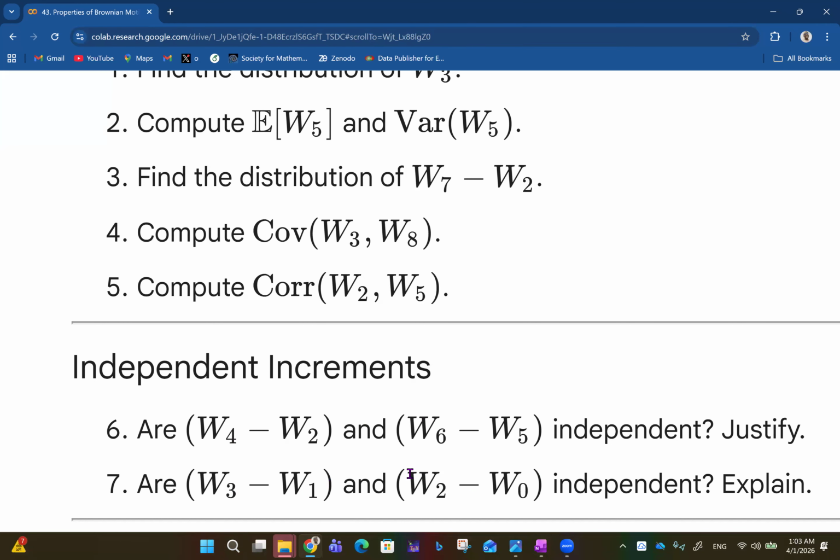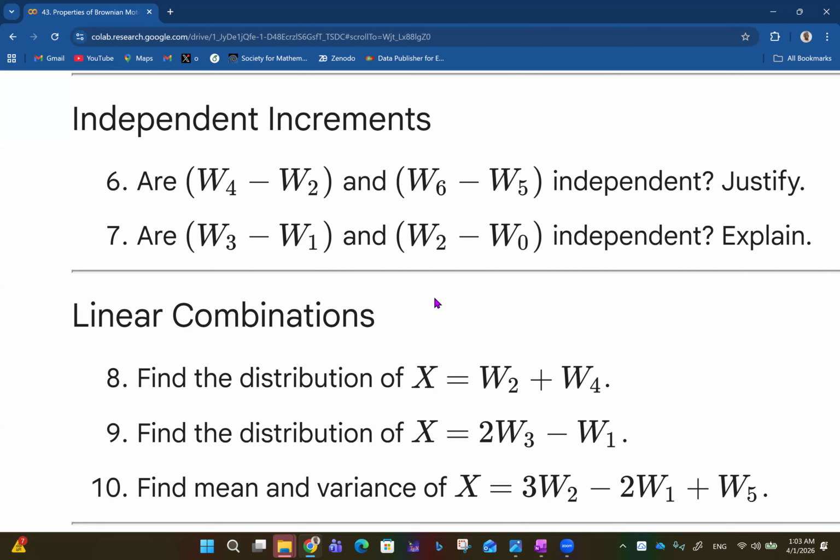Then we have linear combinations. Find the distribution of X equals W2 plus W4. So we use the kind of process we saw the other time, and we can do that for these other ones. That's all the process of breaking it down, like what we did here.